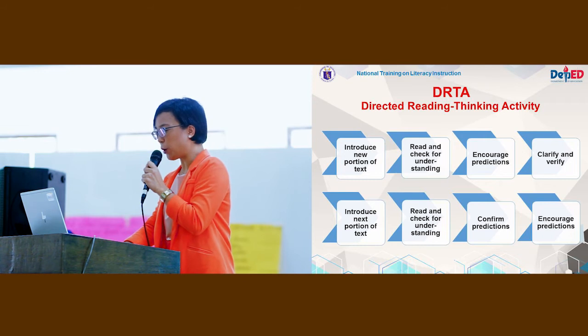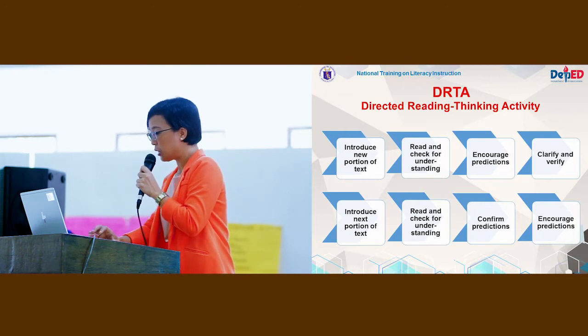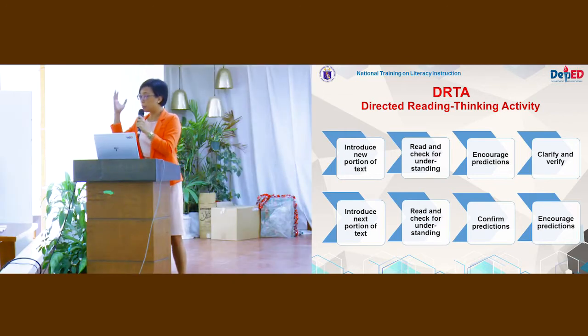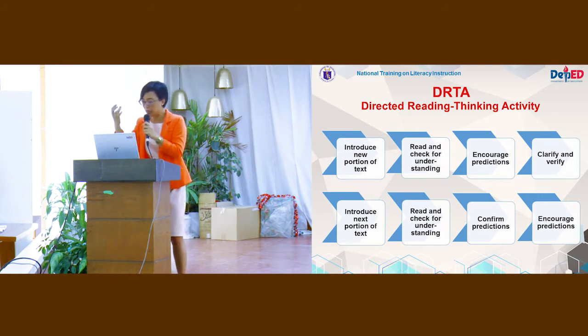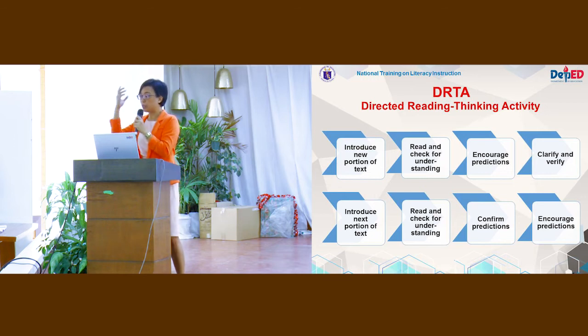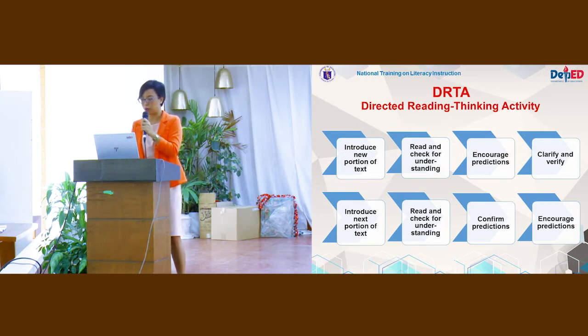The teacher will probably question the students about the evidences that will back the predictions. Okay? Why they thought so. Okay? That could probably change their mind, which we still have to accept. So therefore, the process of reading, predicting, and then proving or disproving cycle continues until the end of the story.